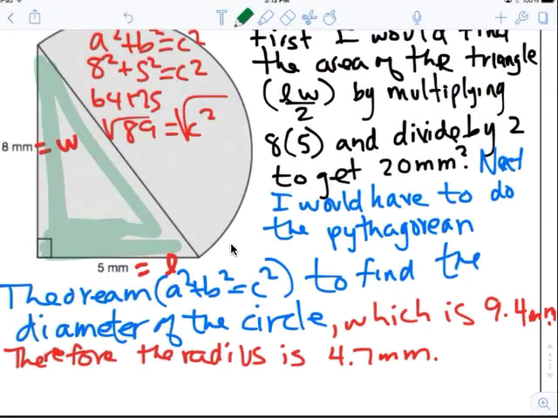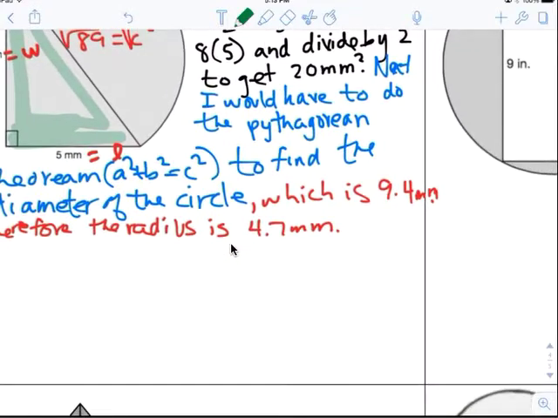Next, we can find the area of half a circle.